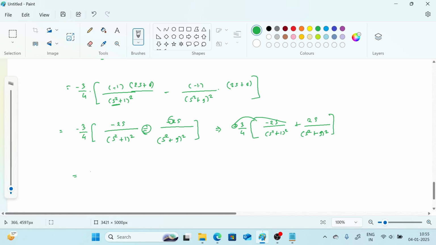So I will get 3 by 4 into 2s. If I multiply this minus to the inside bracket, this minus will become plus 1 upon (s square plus 1) bracket square. This plus and this minus will be minus 1 upon (s square plus 9) bracket square. After further simplification, 2 to 4, I will get 3 by 2s, right?